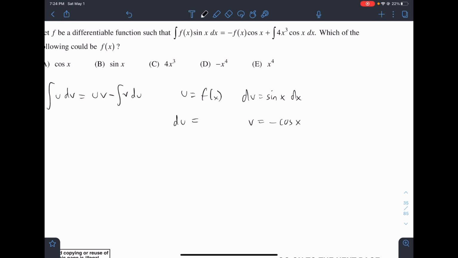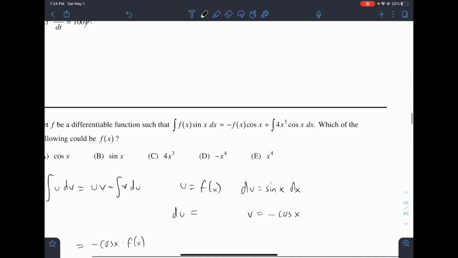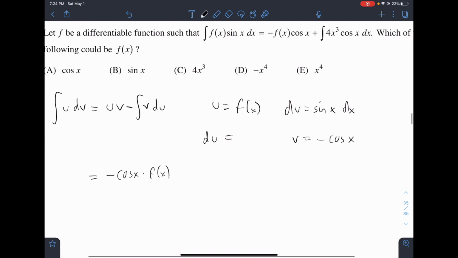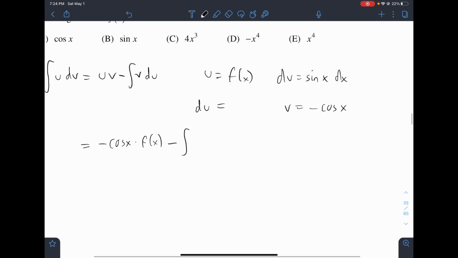And so if we plug this into the formula, we get negative cosine of x times f of x, which checks out from this term in the equation, and then minus the integral of v du. Also we can take out the negative here, so this will just be cosine of x times du.